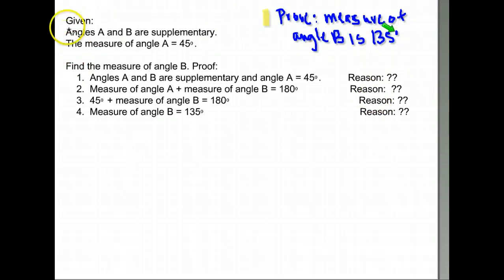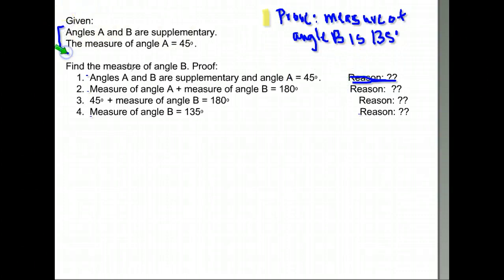Okay, we always start with our given information. So step one of the proof, we have the steps. This time they wrote the steps down. We need to fill in some reasons here. So here's their first step: angle A and B are supplementary and angle A is 45. What's our reason for that? Why do we know that? They gave that to us.